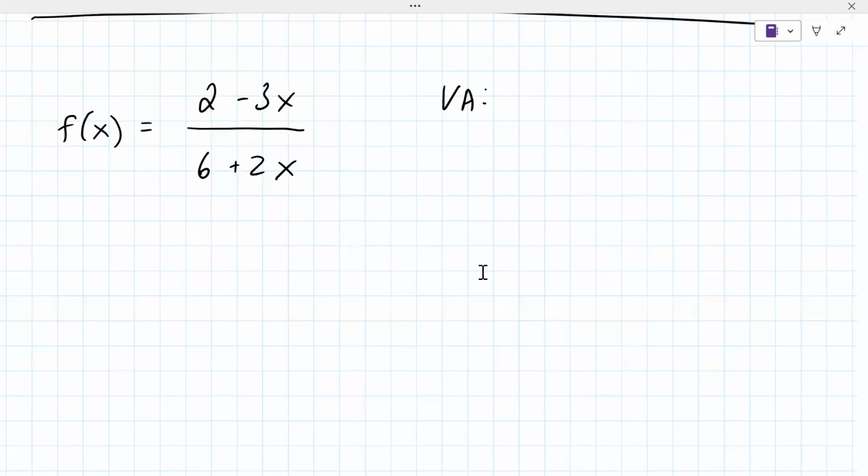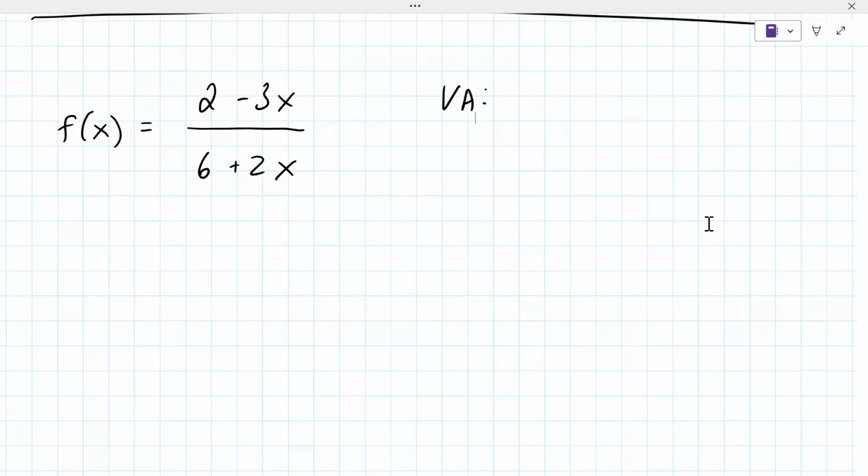Vertical asymptote for that, that's gonna be x equals 2. What I did is that I subtracted 2 from both sides, to the 6. That's gonna be a 4, and I divide them.